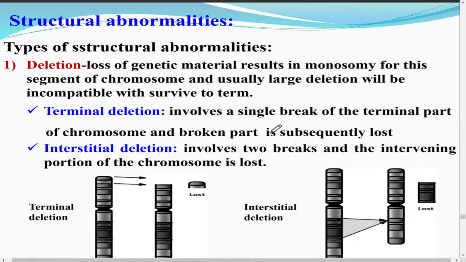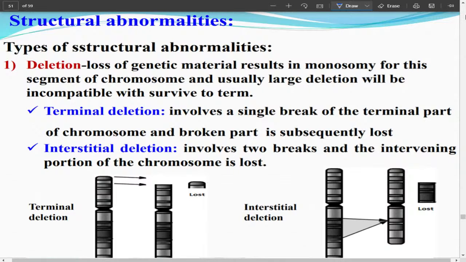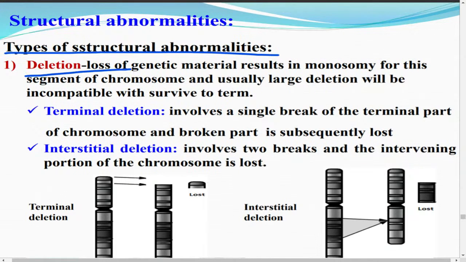This slide shows us how serious a structural abnormality could be. Type of structural abnormality: deletion, loss of genetic material, results in monosomy for this segment of chromosome.